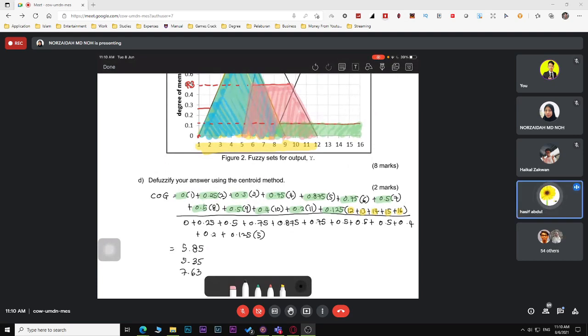Saya dapat 7.63 juga. Hasif dapat 7.63 juga. Okay, jap saya kira. Saya tulis kira dekat meja balik pun dapat 7.63. Yang lain?